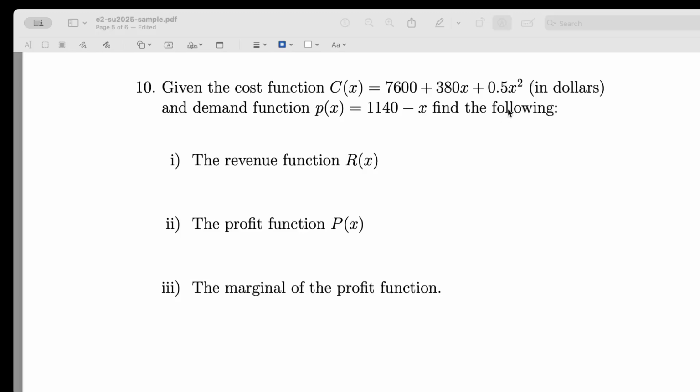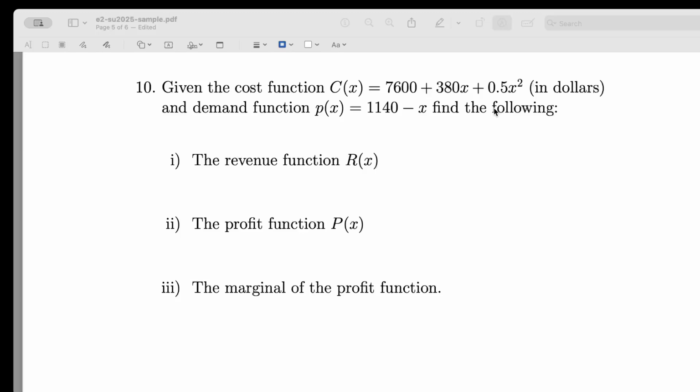If x is 0, that means what price should we set so that nobody will buy anything? I think this is $1,140. Whatever our product is, if you charge that much for it, they're going to sit on the lot. You will not get anybody to buy even one.